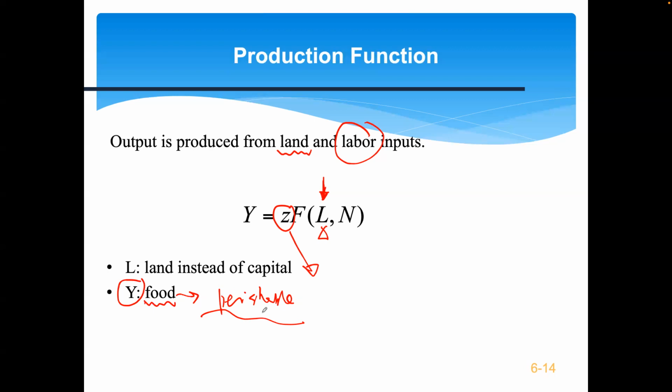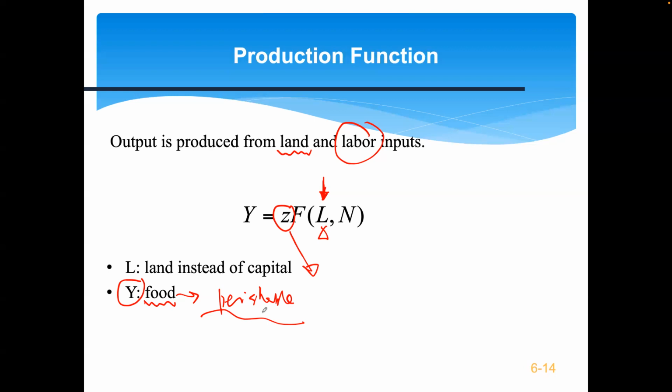Yes, throughout history, human beings have found ways to preserve food, but those are small amounts, a small fraction. So it is safe to assume the main product we produce in an agricultural economy cannot be stored. It is perishable. We must consume it, meaning there's no role for saving.